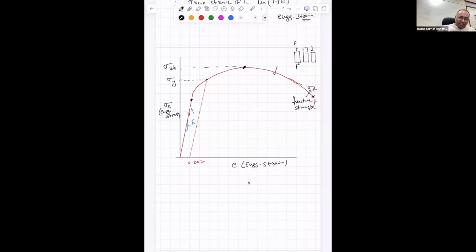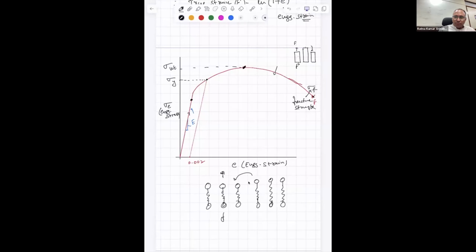Because when I am applying load, microscopically, what is happening is that these bonds are getting stretched. When I am removing the load, these are going back to this configuration.